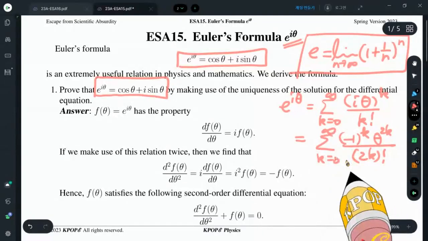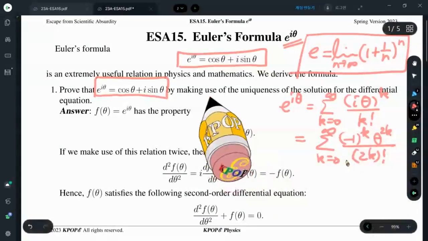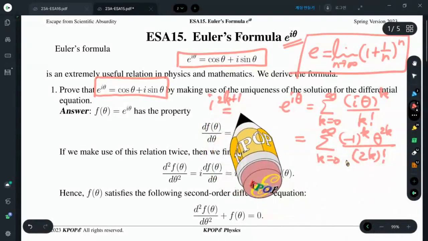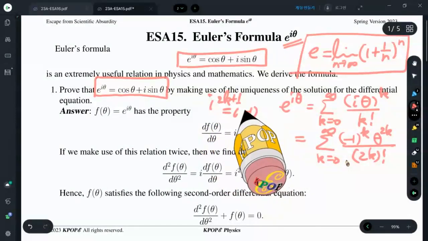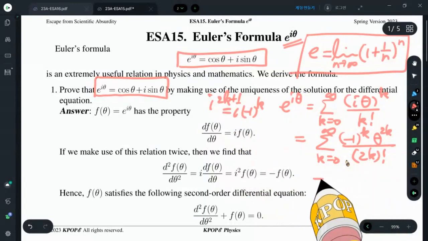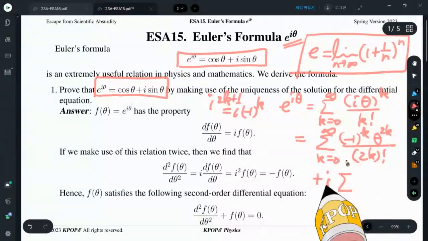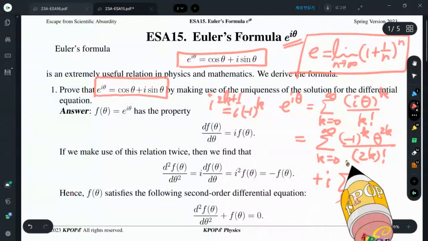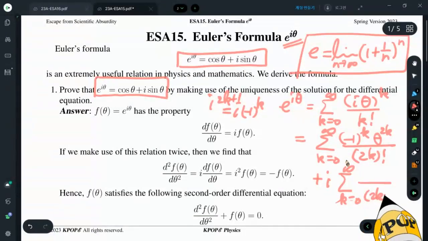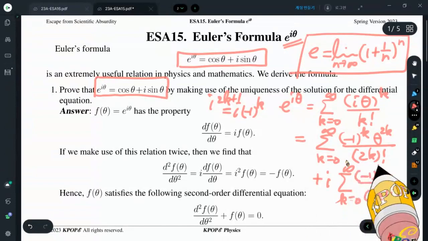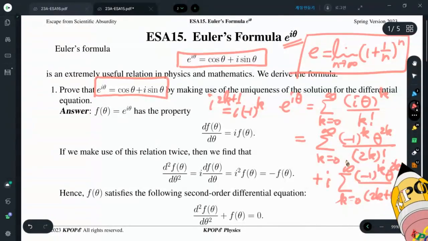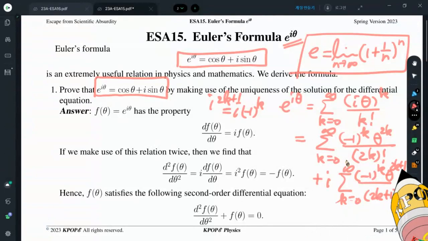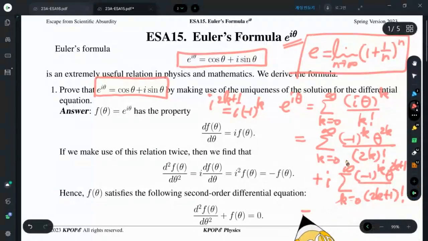Odd powers become, because i to the 2k plus 1 equals i times minus 1 to the k, we have an additional i. And if you know how to expand sine and cosine, it is easy to show that it is cosine theta plus i sine theta.